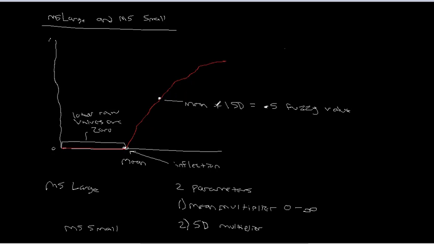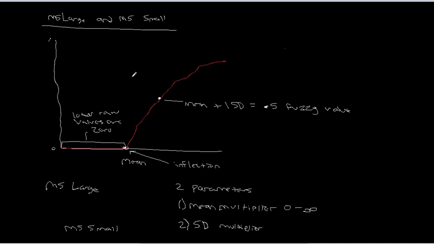So instead of being the mean plus 1 standard deviation, we could have it be the mean plus 2 standard deviations, which would push this point out farther, which would mean that the curve would be more gradual, because again, this has to be this mean plus whatever our standard deviation multiplier is. This has to be a fuzzy value of 0.5. So if we move it closer, this becomes more sharp. If we move it farther away, this curve becomes more gradual. Okay? So hopefully that made sense.